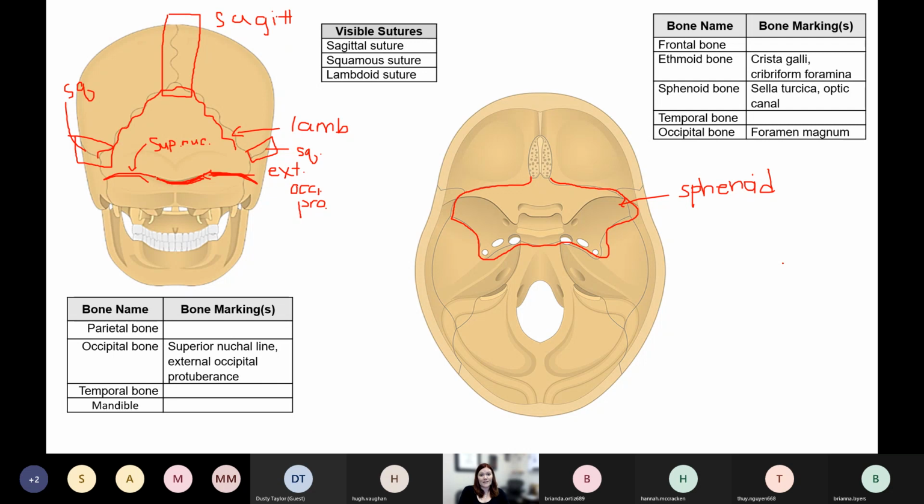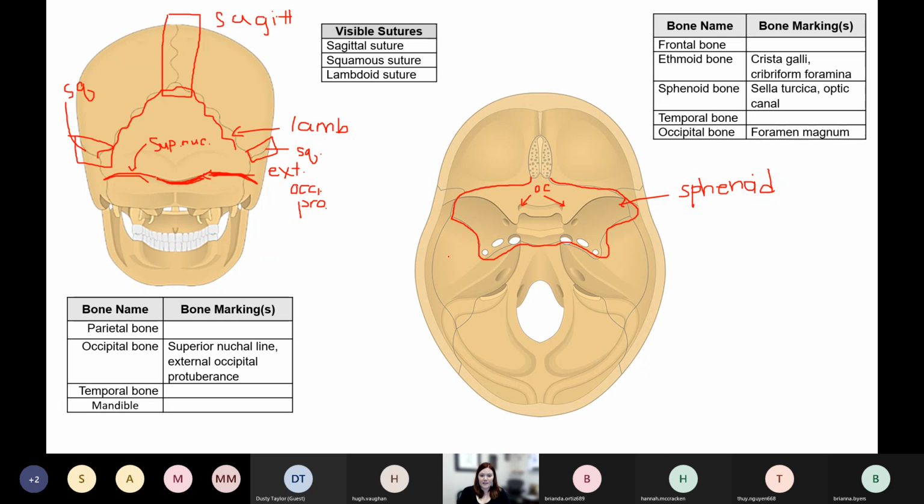A few bone markings on the sphenoid bone: there are two holes right here. These holes are called the optic canals. This is the place where the nerves that go out to your eyeballs leave from the brain.